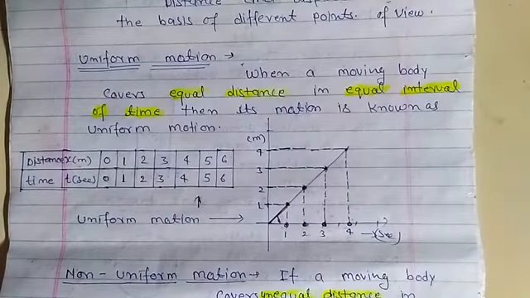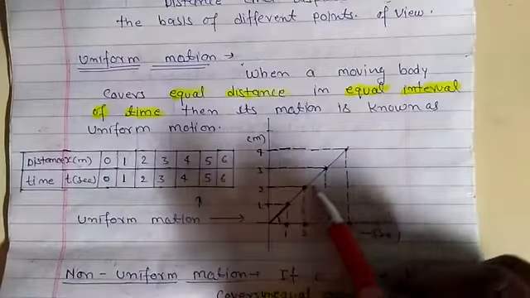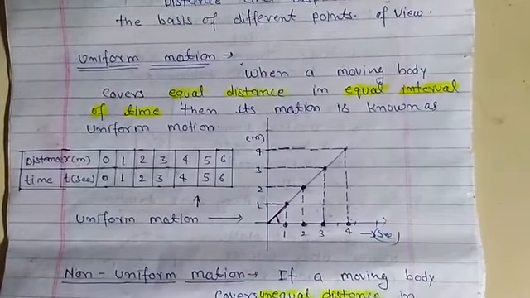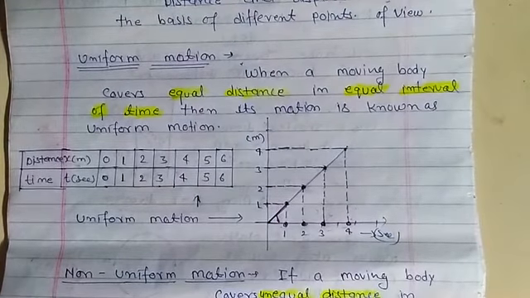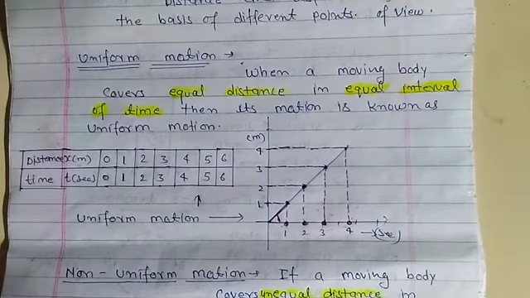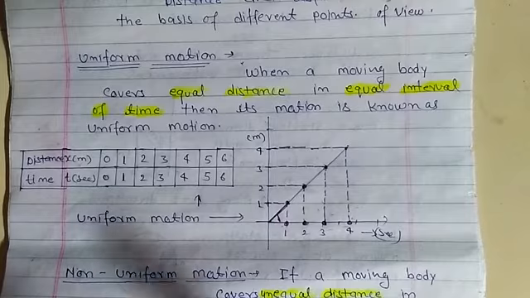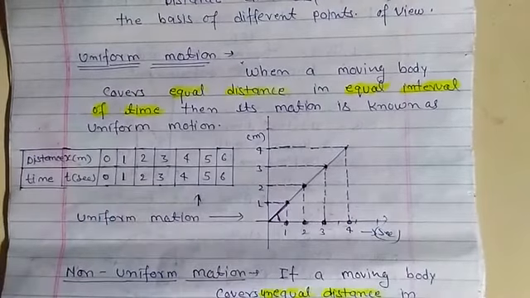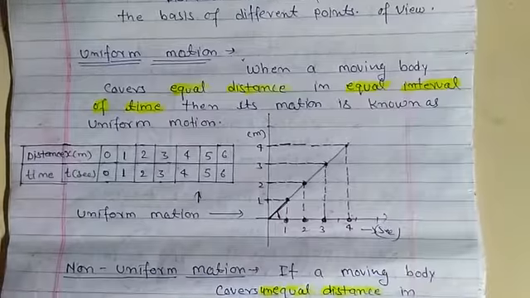This graph slope is a straight line. Then by getting this straight line, we can say that the motion is uniform motion. It should be noted that for any straight line on the graph between distance and time, the motion will be uniform motion.